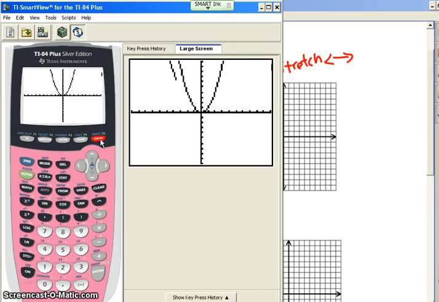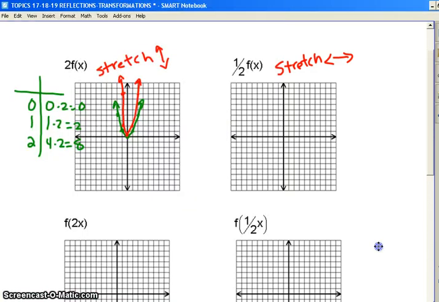There's the parent function, and then there's that one. So if you look at these same numbers over here in your chart, 0 squared was 0. If I multiply that by 1/2, I still get 0. Okay. Let me go ahead and graph the parent function first so we can compare to it.